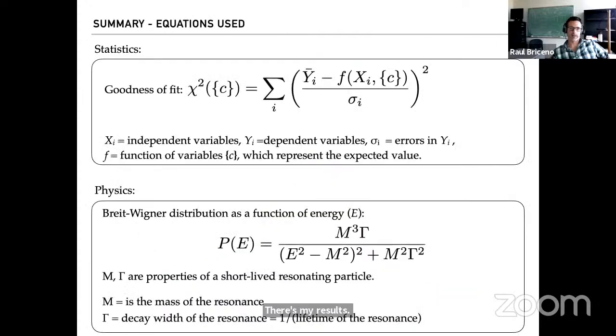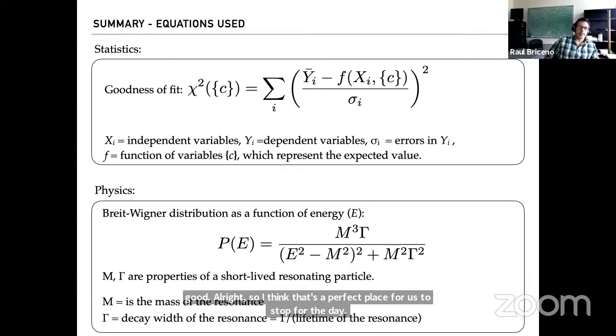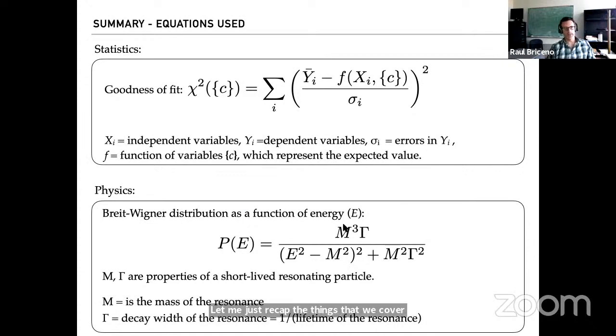Sounds good. All right. I think that's a perfect place for us to stop for the day. Let me just recap the things that we covered. We introduced one really powerful concept, which is the goodness of fit, which gives us a measure for the distance between some function that we want to impose on some data and our data.